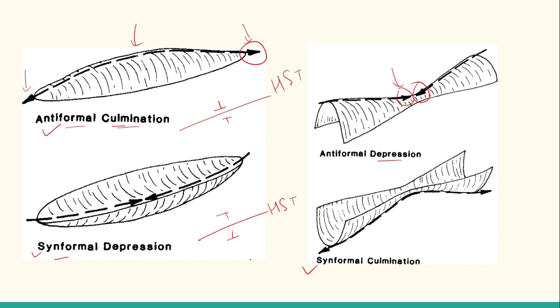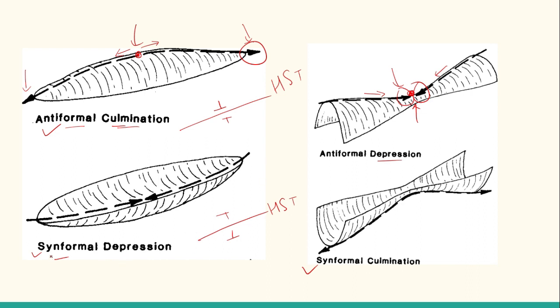In the case of a culmination there will always be a common highest point away from which the fold axis or the hinge will plunge in opposite directions. In the case of a depression there will be the same common point, which will now be the lowest point on that fold, and in this case the plunge of the hinge will be towards each other, converging at this common lowest point. So this is the only way you can identify in a map whether it is a culmination or a depression.